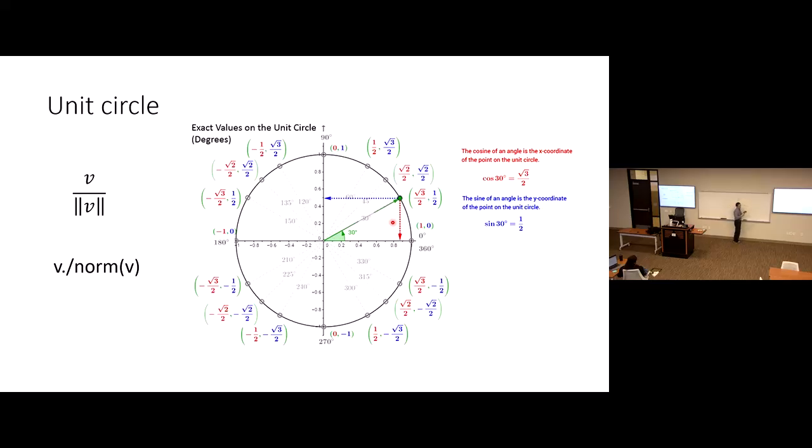So the pair I selected, two vectors in this unit circle, is 1, 0 and 0, 1. This pair is my Cartesian coordinate system.